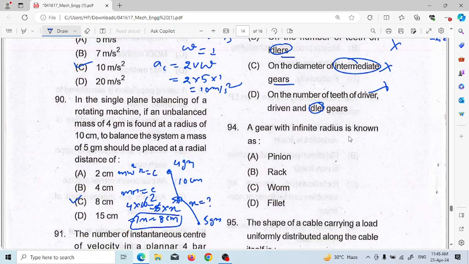A gear with infinite radius is known as pinion, rack, worm, or fillet. So the right answer will be rack.